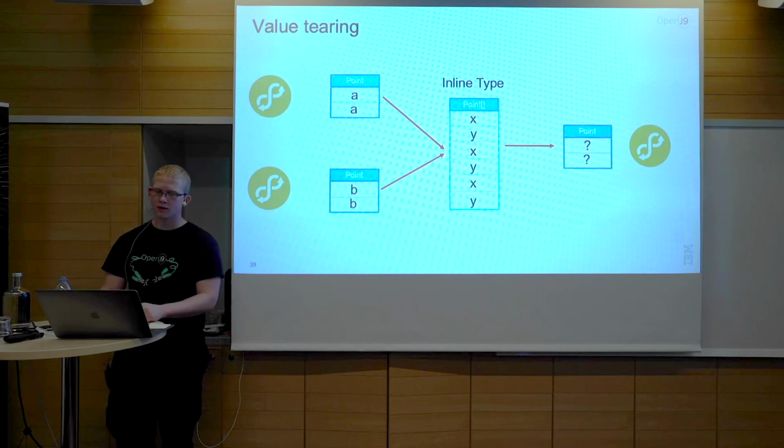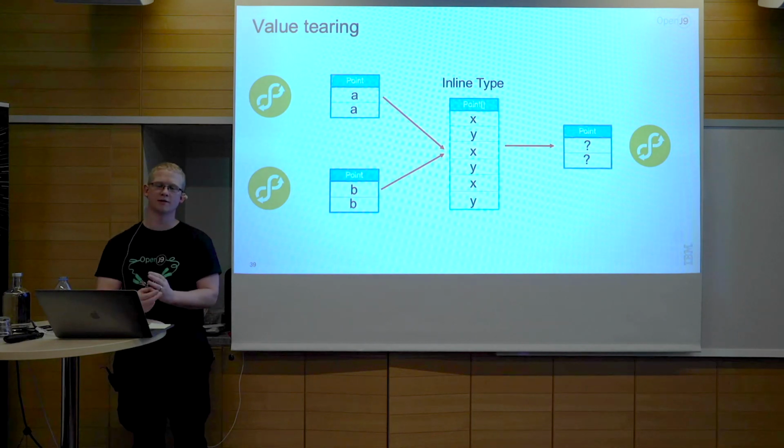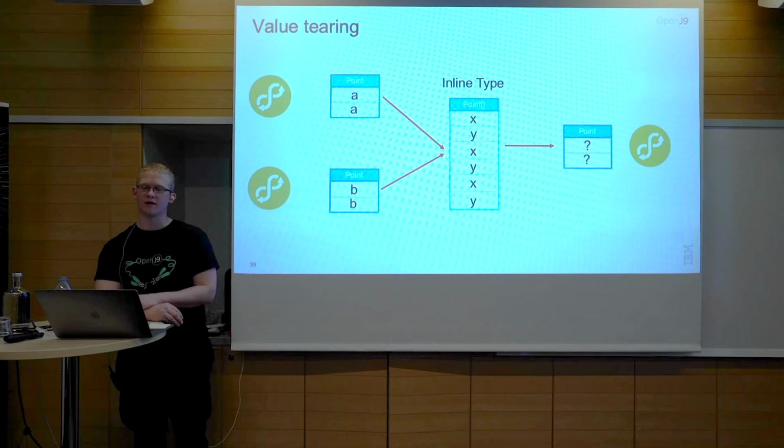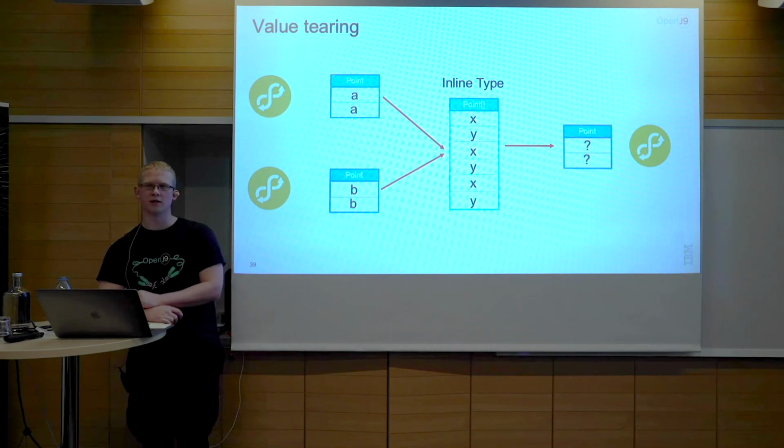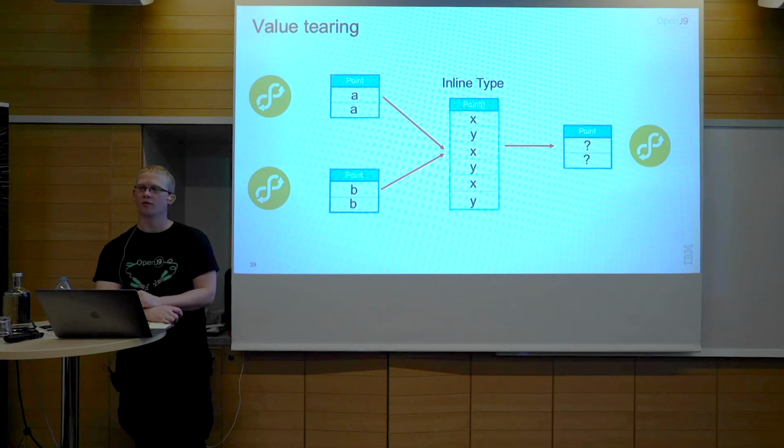If we had two threads running, writing inline types into an inline type array, and one thread reading them, depending on the size of those inline types, the values being read may not be consistent. You can read values that were never written.